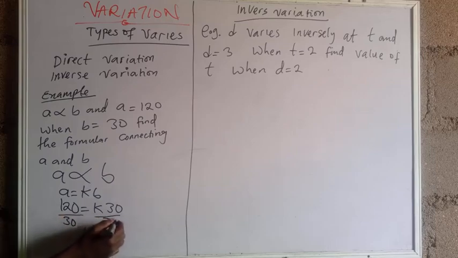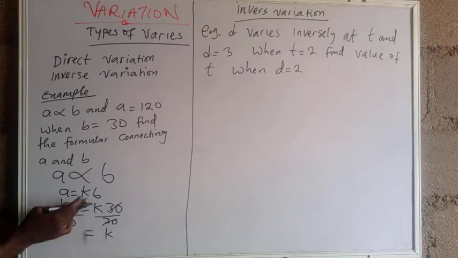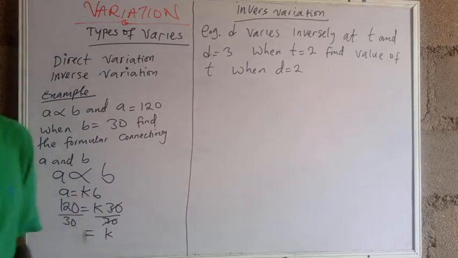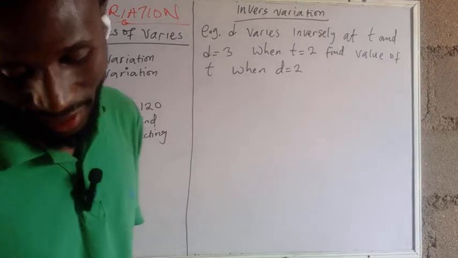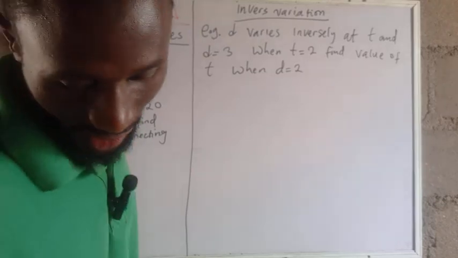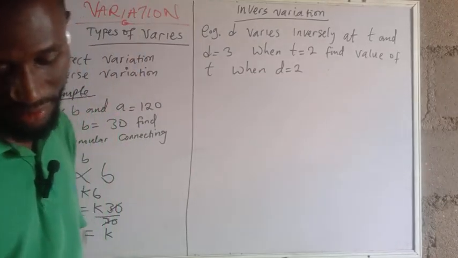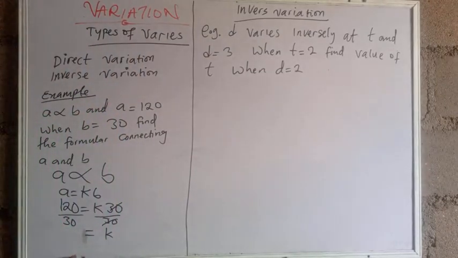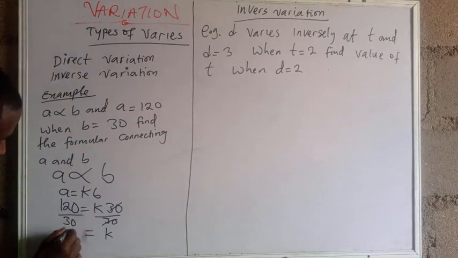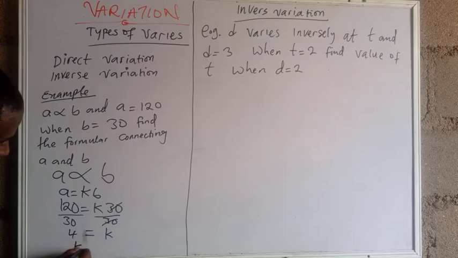The 30s cancel out, therefore K is equal to 120 divided by 30, and we have K is equal to 4.